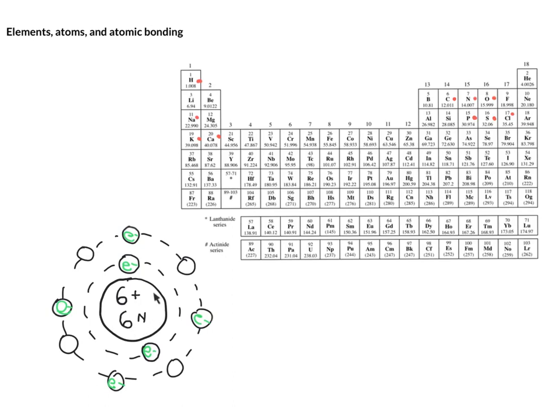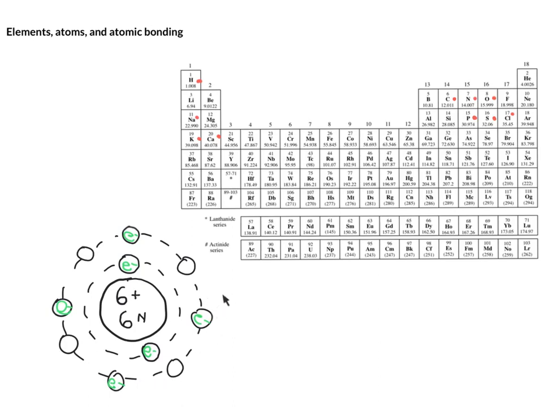Inside the nucleus we've got the protons and the neutrons, and the electrons are orbiting around the outside in electron shells. The first shell has a max capacity of 2, and all subsequent shells, for our purposes, have a max capacity of 8. That octet rule describes those max capacities of each shell.